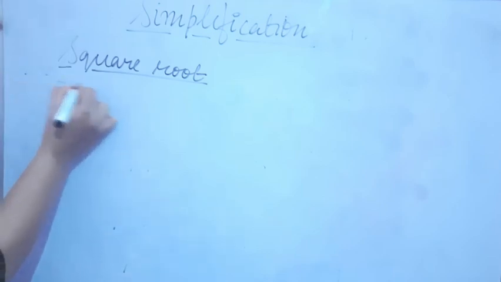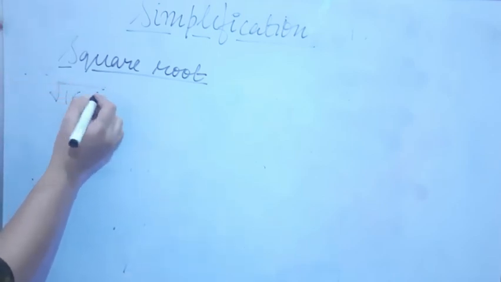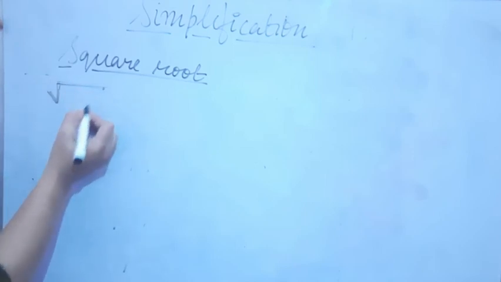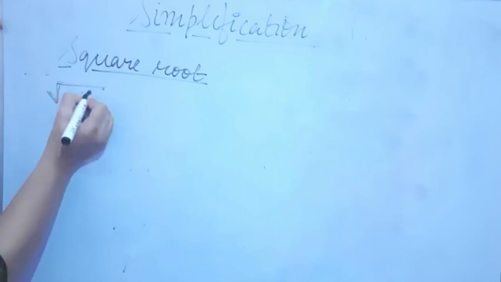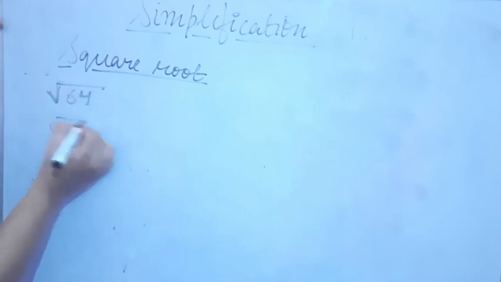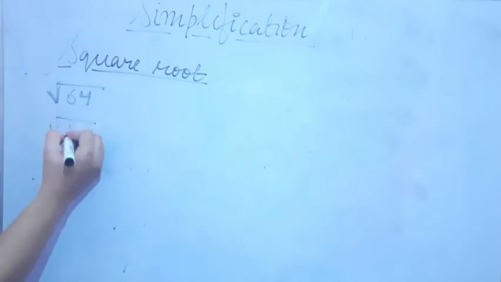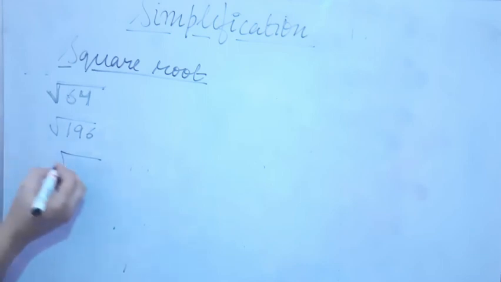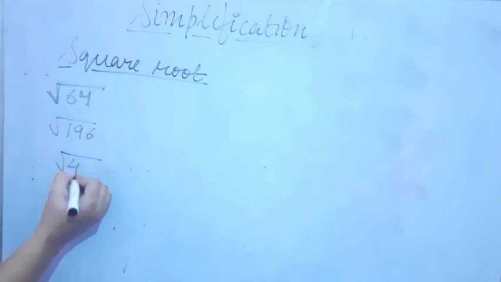So your homework is to find out the square root of 64, under root 64, and the next number will be 196. Next number will be 400. So you have to find out these 3 square roots. Only 3 are your homework. You have to do them in your homework copy.